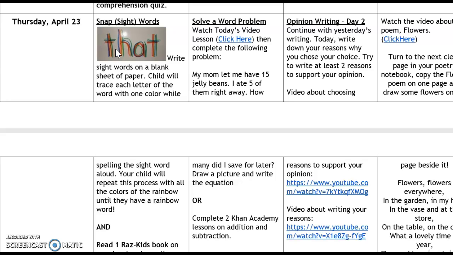Like if you have a blue marker in your hand, your child will say each letter, T, and write, H and write, A, T, and then say the word that. Then pick up the next color, green, and do T, H, A, T, that, so that they're spelling it out loud and they're saying the word out loud. Otherwise, it's just a coloring activity. So we want to transform this activity to one where you're actually memorizing and practicing the spelling of the words.